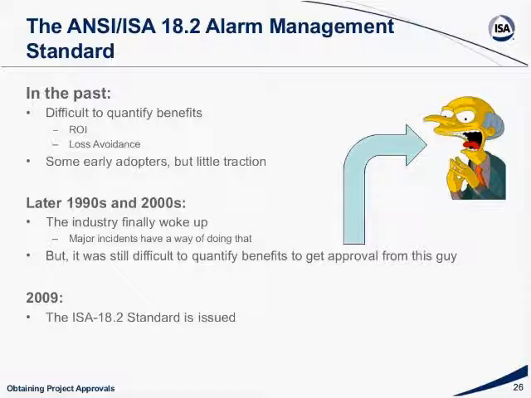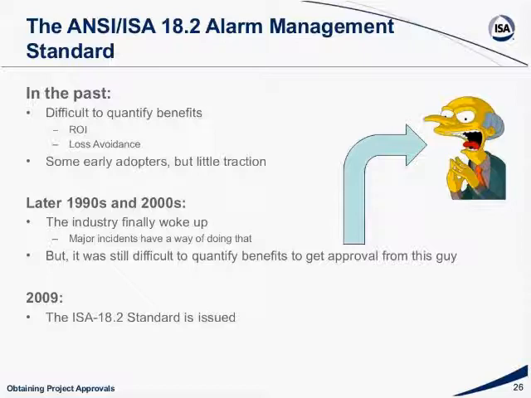There's a lot of reasons why projects get justified and the board of directors approves the funding and life goes on. But it's always been a real big challenge for alarm management because you really can't apply ROI. And loss avoidance is kind of tough: hey, we didn't blow up the plant this year. Well, yeah, that's great, but you can't quantify that in a CEA or an AFE submittal, right?